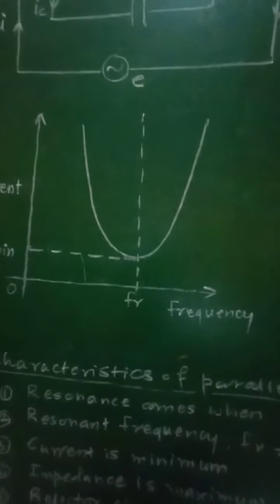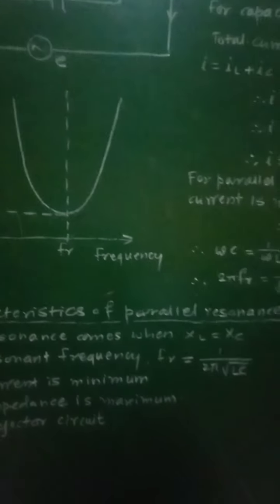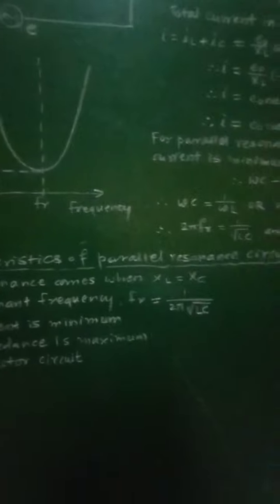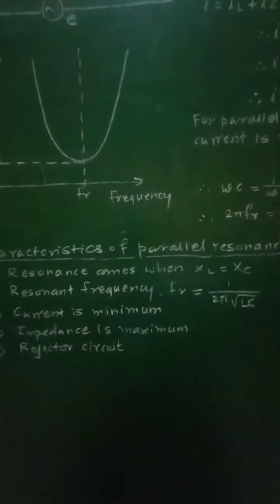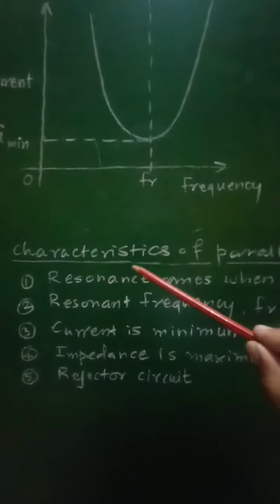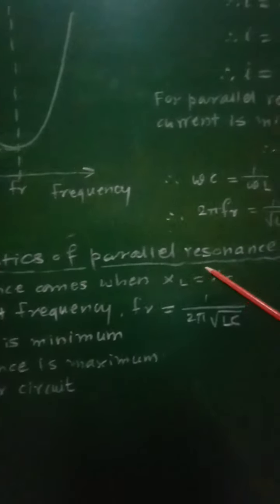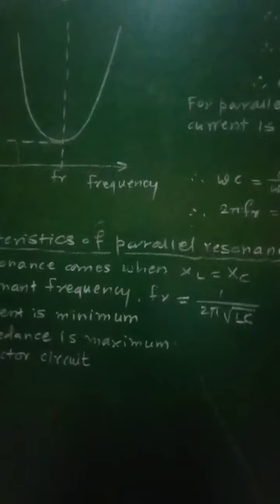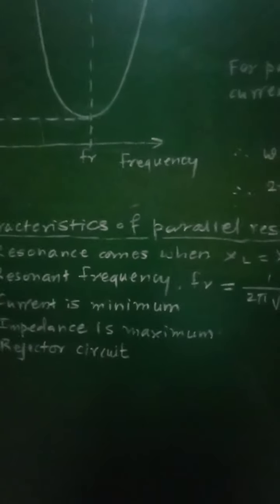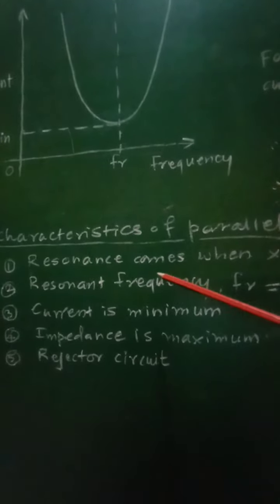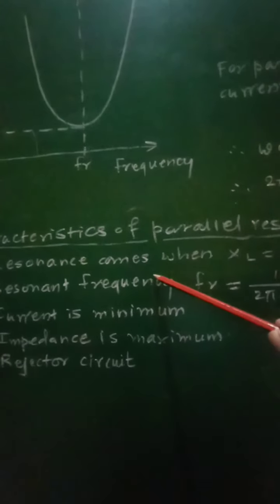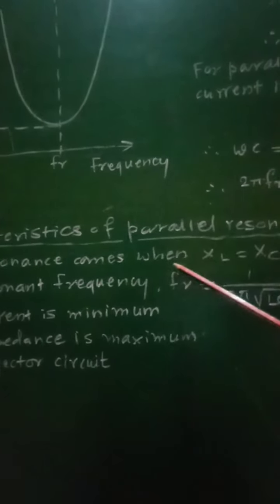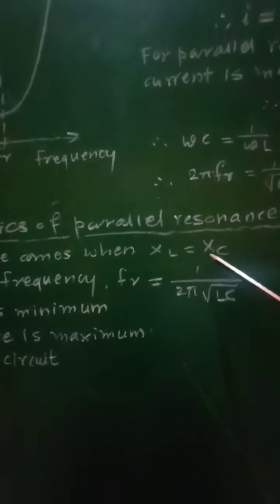And therefore let us see some of the characteristics of this parallel resonance circuit. Now what are these characteristics? The first characteristic is, the resonance takes place when XL equal to XC.